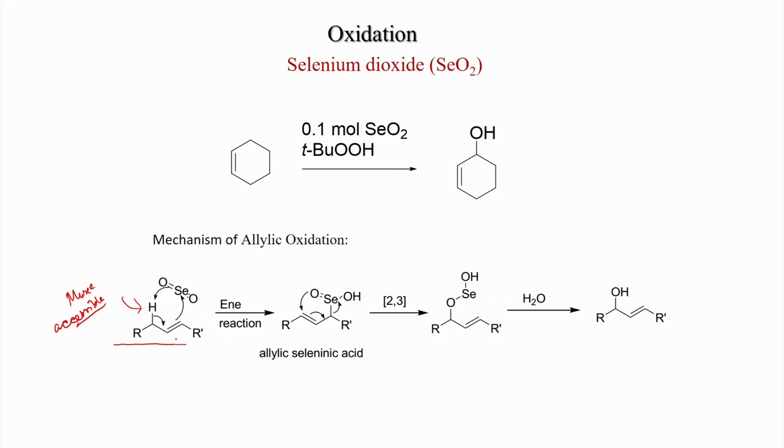So, this is an ene kind of reaction, and this hydrogen is going to here with the oxygen and you get a selenium carbon bond here, which is not very stable.